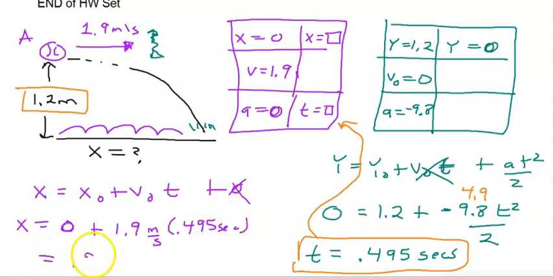So I get 0.94 meters. So that is a bunt, that's not quite even a meter. That's a real bunt. Okay, so that information is what we're going to carry over to the second baseball player.